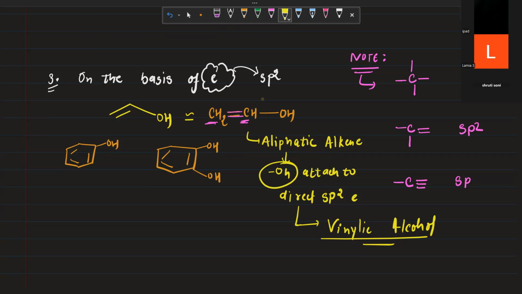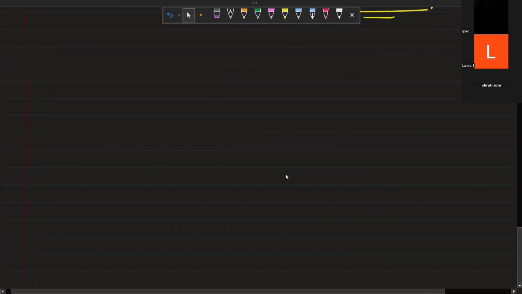Okay, so can we move further? Yeah. Or do you want to write down? No, I got it down. Okay, now let's start with IUPAC nomenclature of alcohols.